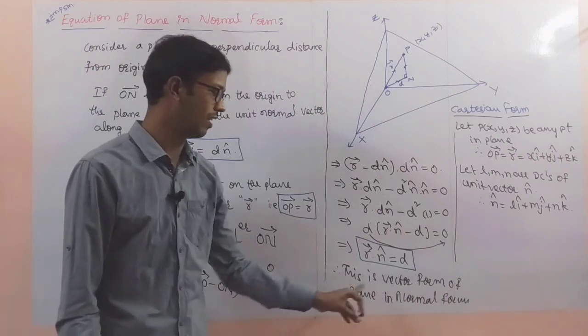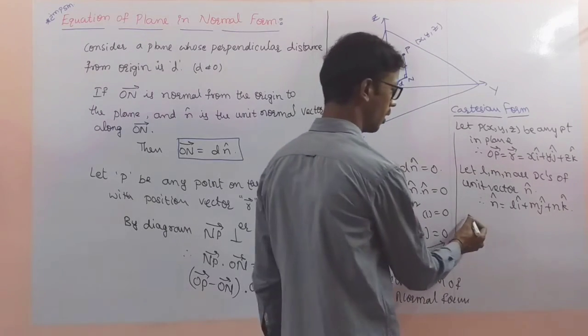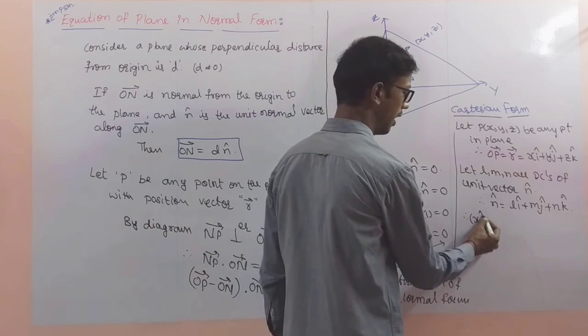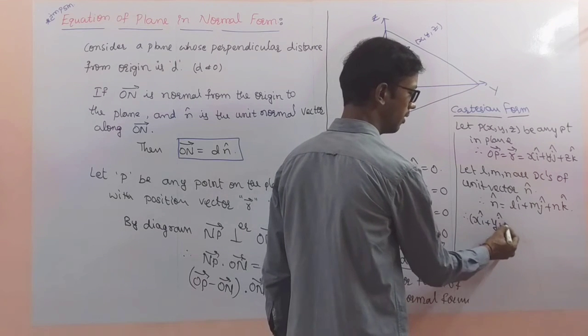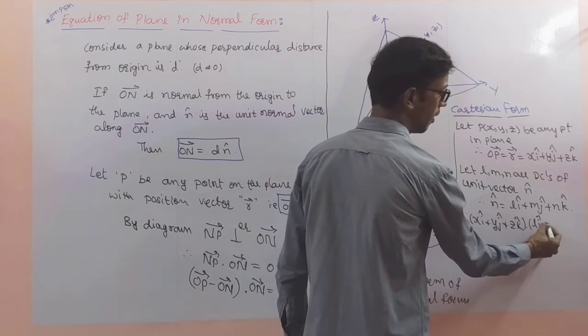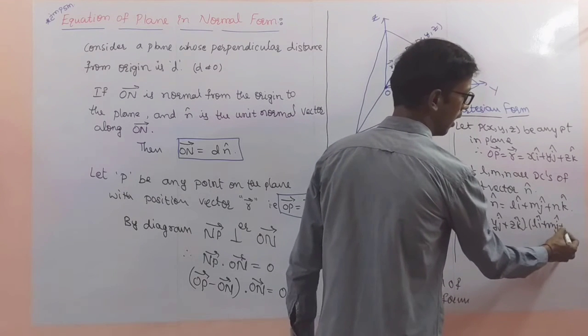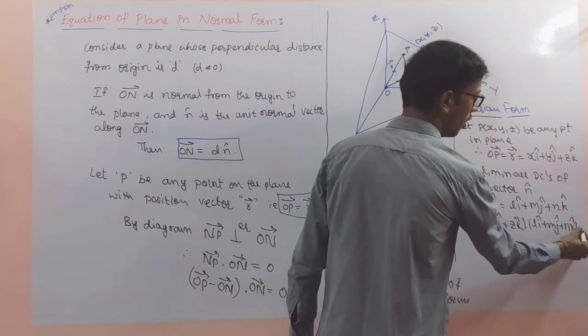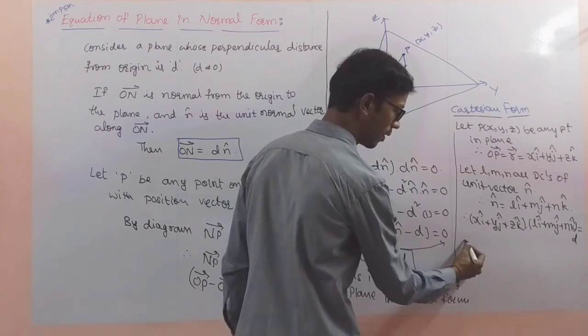Substitute these two values here: (x i cap plus y j cap plus z k cap) dot (l i cap plus m j cap plus n k cap) equal to d.